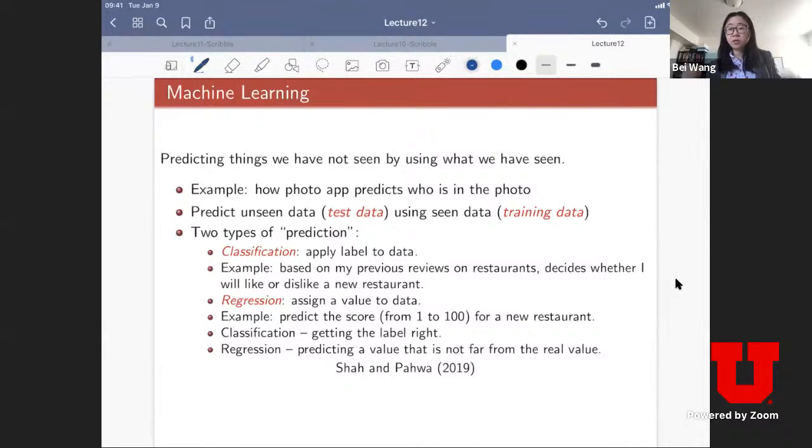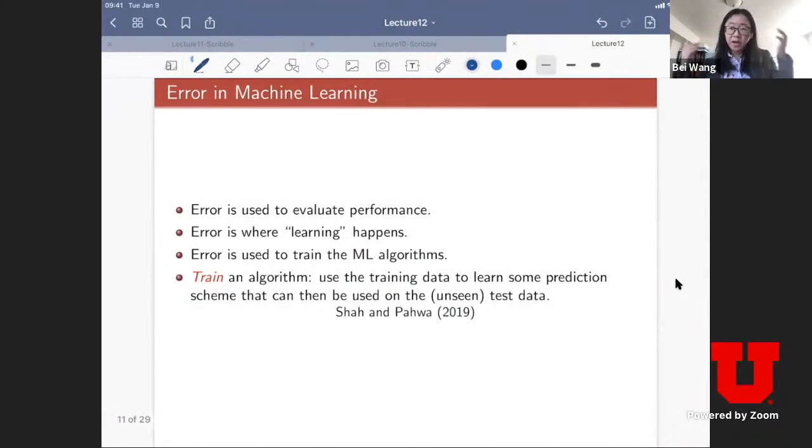So then there is a corresponding classification accuracy, because I want to see how accurate I can get the label, versus the error term for regression, which is to see how far away I am from the true value. So that's where the error comes in, right? So usually in machine learning, the term error is used to evaluate performance. And where error occurs is actually where learning occurs.